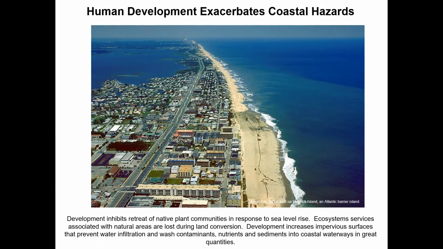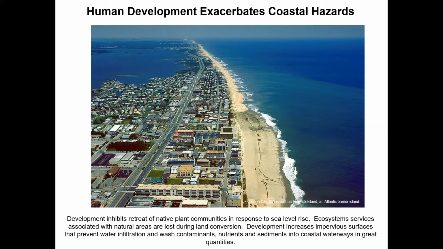And what I wanted to point out here is when we think about native plants and native plant communities on coastal areas, they provide tremendous ecosystem services to us as humans for free. But in order for them to be resilient, and this would apply also to our own landscapes, there needs to be the ability for native plant communities to ultimately retreat in response to sea level rise.